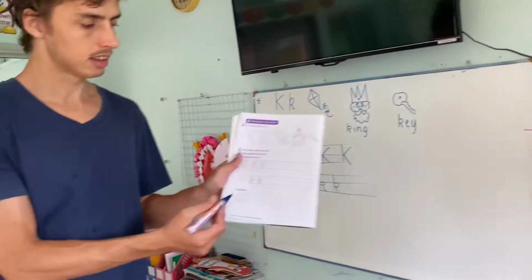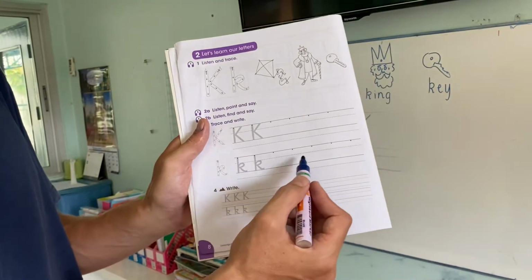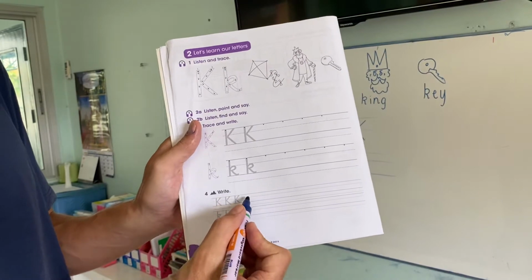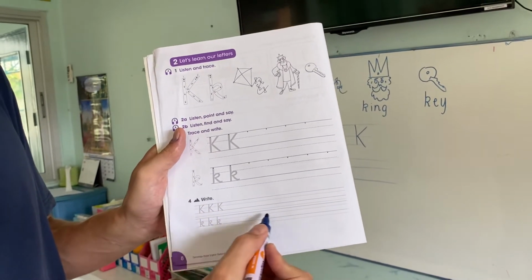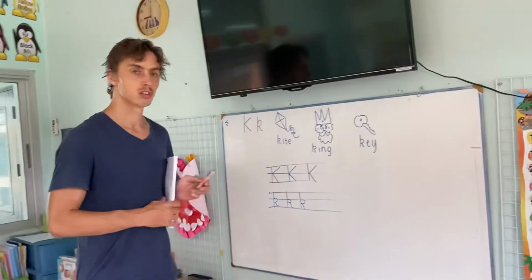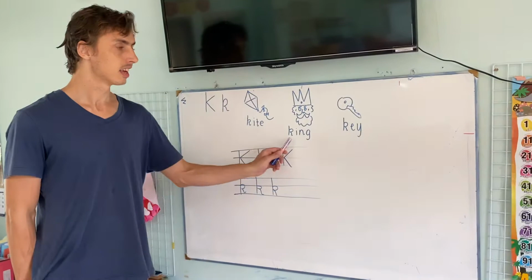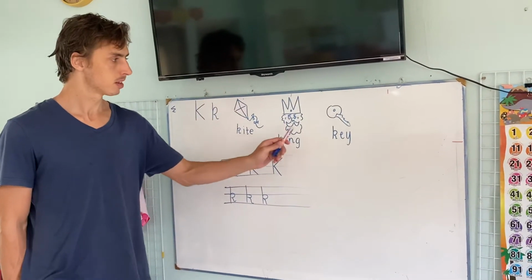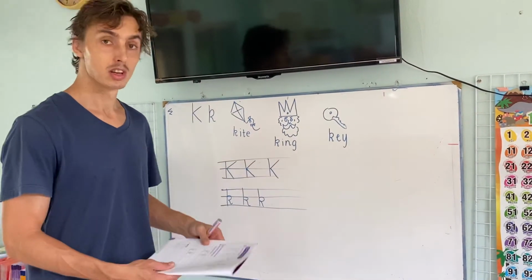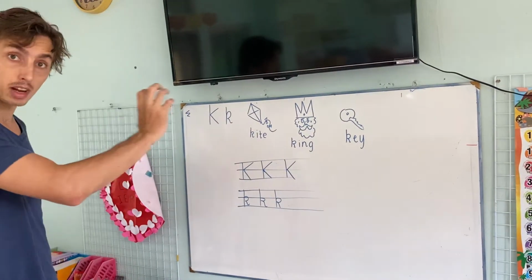So you write the K, K, K, K, and here as well. Okay, guys? So, kite, king, key. Write it down. And now I will rub it out, okay?